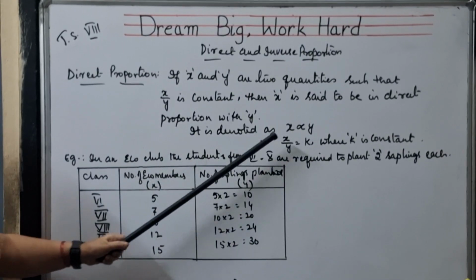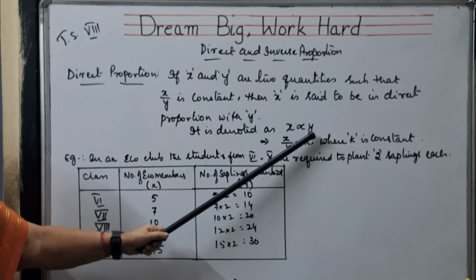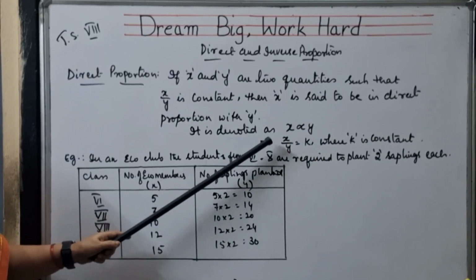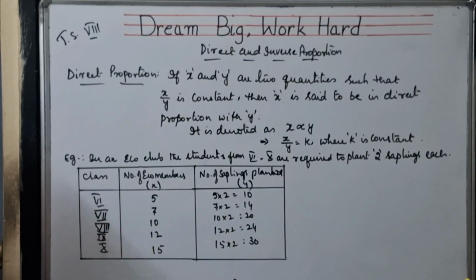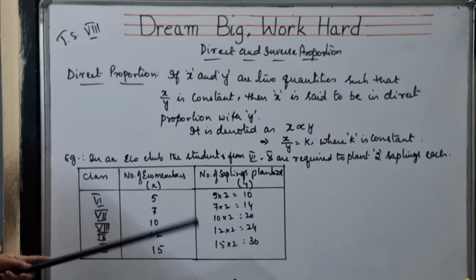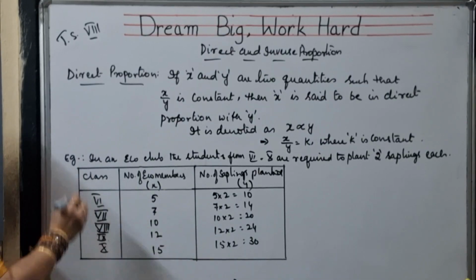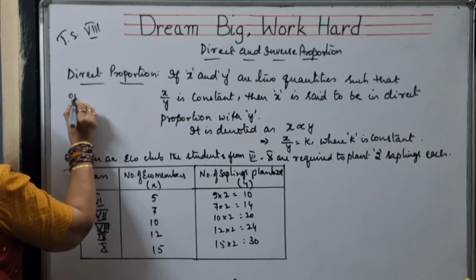So it is denoted by x, this is the symbol for proportional to y. This means x by y is constant, k, where k is constant. This is about direct proportion. This means what, children? If one value is increasing, the other also increases. It can be written like this.